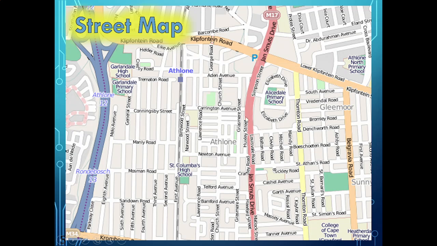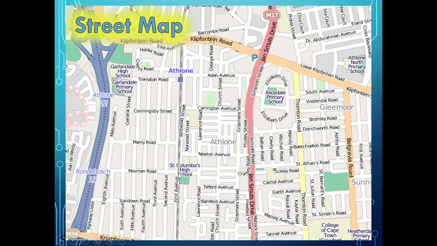So anyway, as you come out of St. Columbus High School gates, you walk to the street, and you face south, and then you walk straight up and you pass.